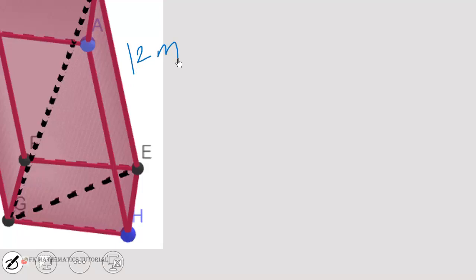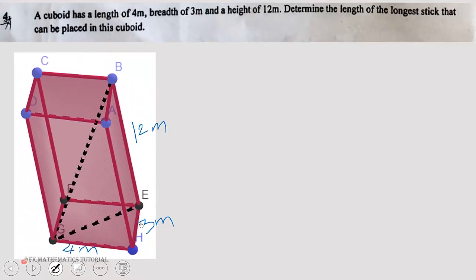Then we have a length of 4 meters here. Then we have the breadth of 3 meters here. We can see that there are some sticks that have been placed in this cuboid.